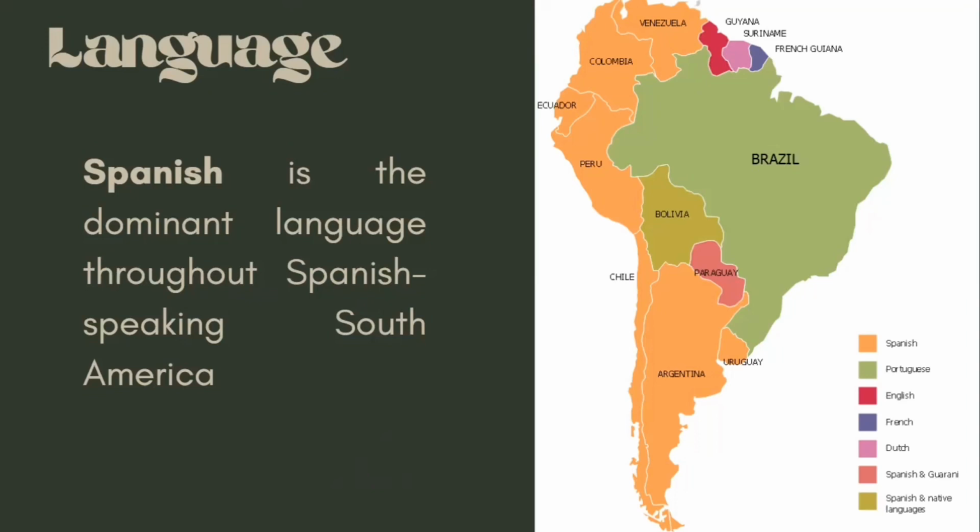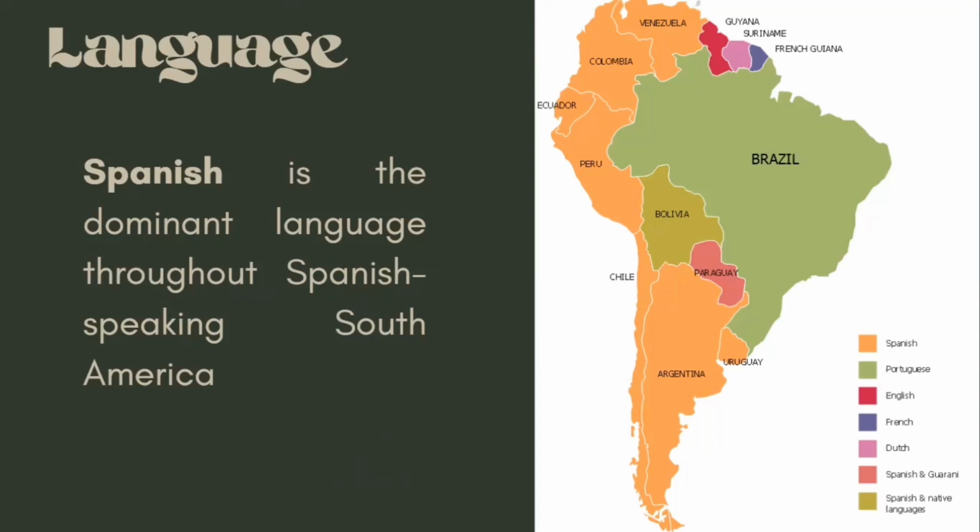This allowed some indigenous communities to preserve their languages and cultures. Today, many indigenous languages are still spoken in these regions and are recognized as official languages alongside Spanish.